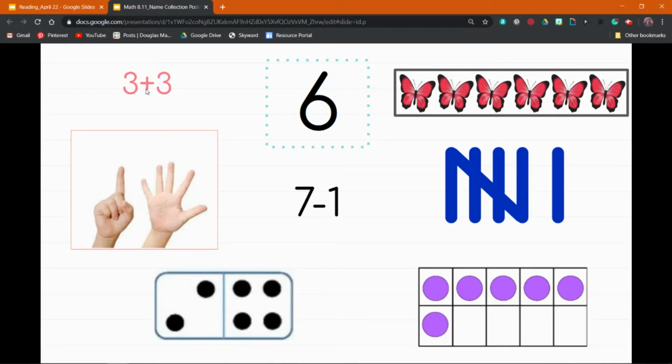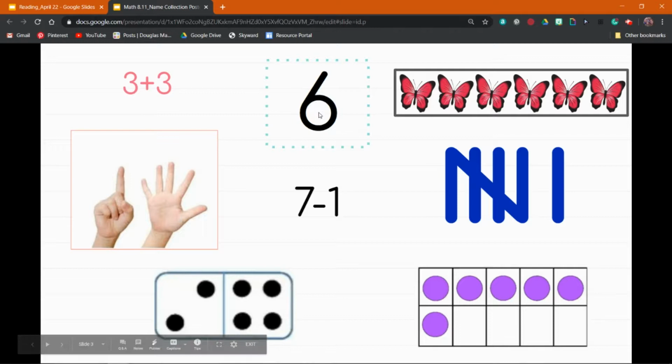So the first thing we have is an addition number sentence. We know that 3 plus 3 equals 6. If we look at the fingers here, how many fingers do we see being held up? We see 6. If we look at the domino and I count all of these dots on the domino, how many do I have? 1, 2, 3, 4, 5, 6.